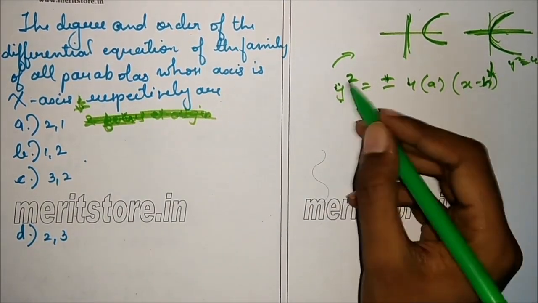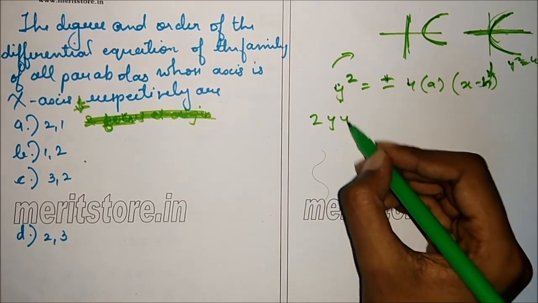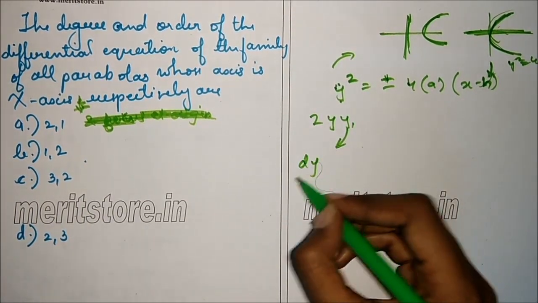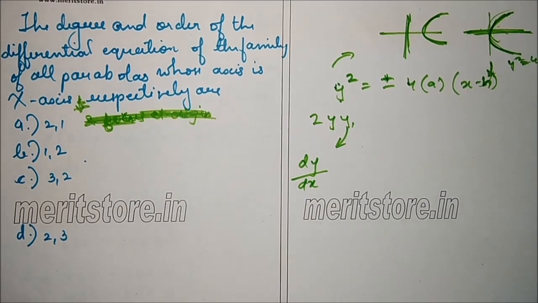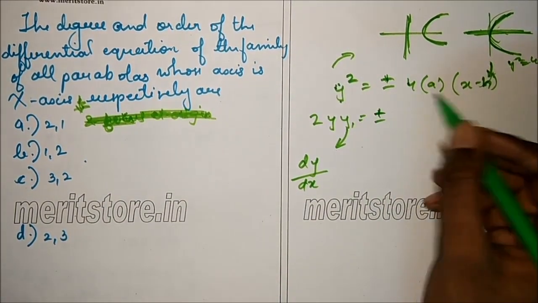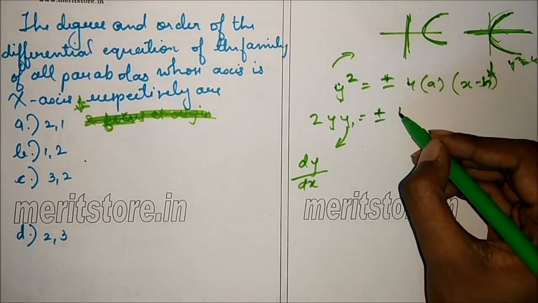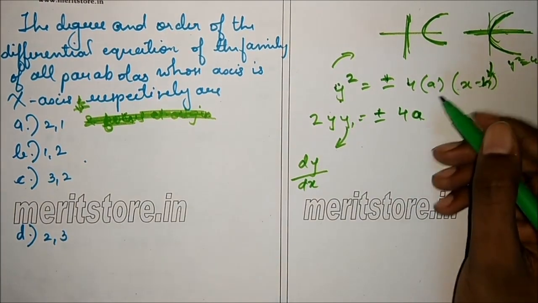So we'll differentiate this with respect to x. This will be 2 into y into y1, where y1 is nothing but dy by dx, which is equal to plus or minus the differentiation of x minus h, which is 1, so plus or minus 4a.